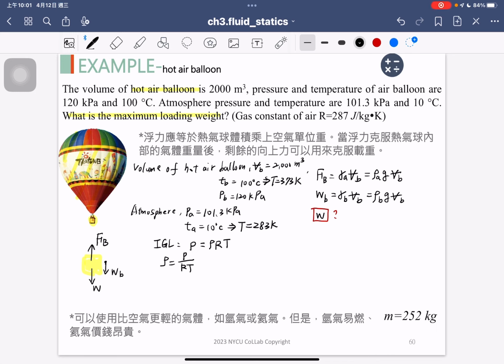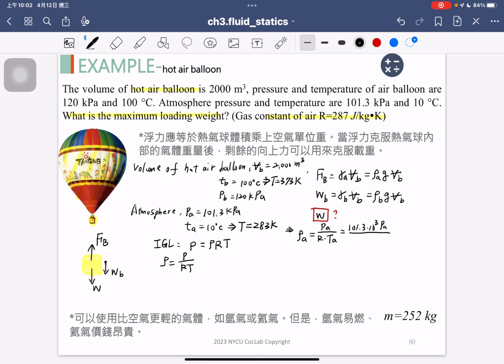Okay, so let's compute the density first. The density of the atmosphere air, rho A, will equal the atmosphere pressure PA divided by R and the absolute temperature TA. We know that PA is 101.3 kPa, divided by the gas constant, which I already showed here.